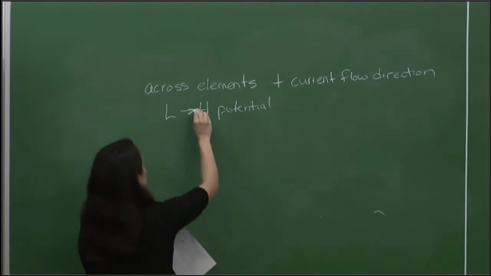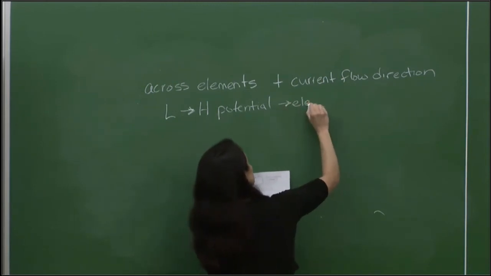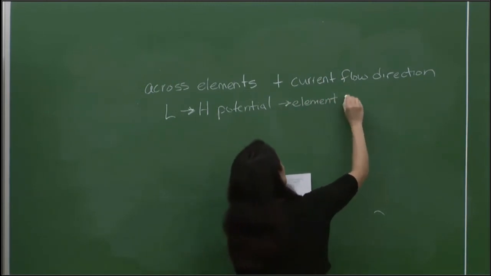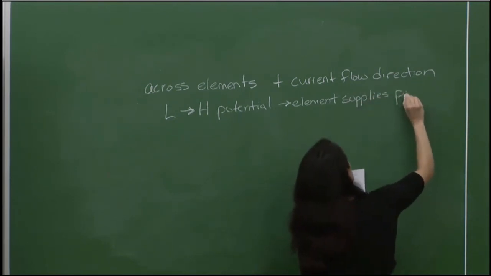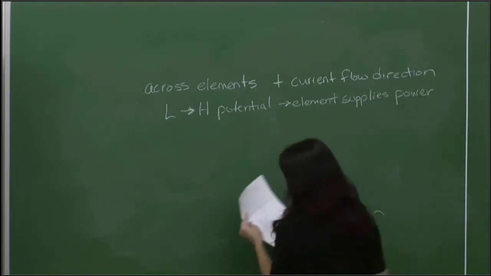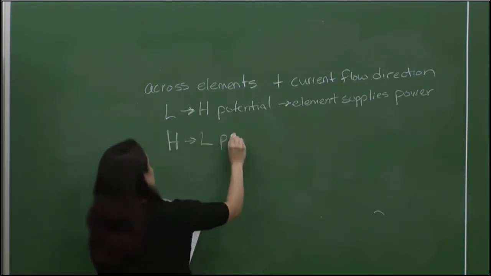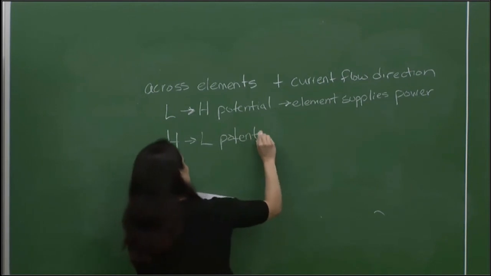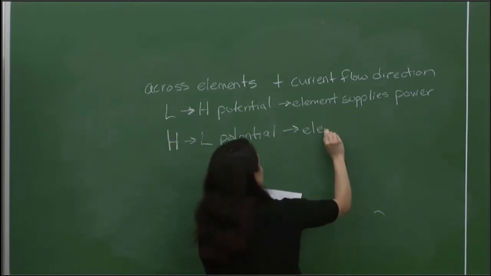It's giving those coulombs more energy to do stuff. So the element supplies power. Or if we go from high to low potential, that element is going to absorb power.